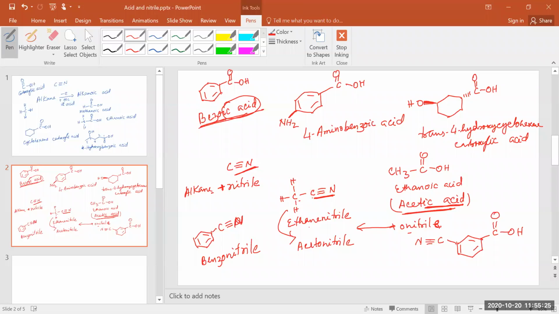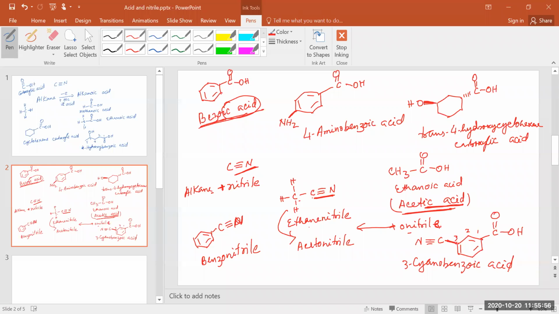This one, the nitrile will be as a cyano, and it will come at the beginning of the nomenclature. So this will be 3-cyano benzoic acid.